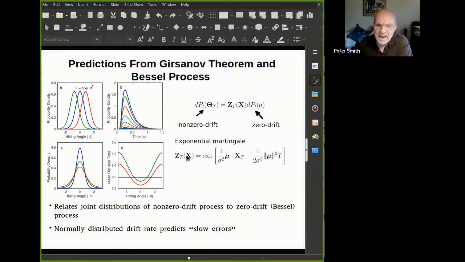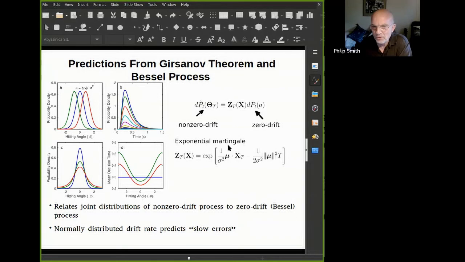So Z_t^x is technically an exponential martingale. A martingale is just a stochastic process with constant expectation. But Z_t^x has an illuminating form. It can be factorized into the product of two terms, one of which depends on the decision outcome, but is independent of the decision time, and the other of which depends on the decision time, but is independent of the decision outcome.